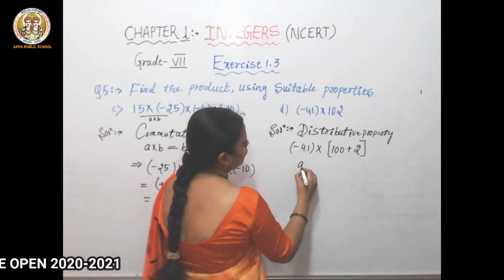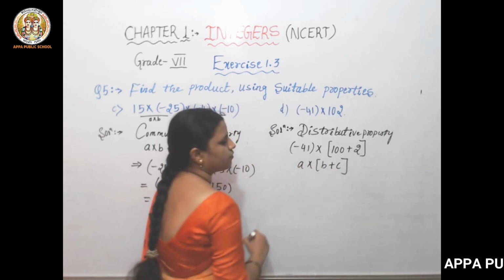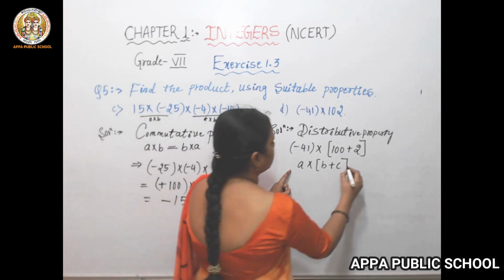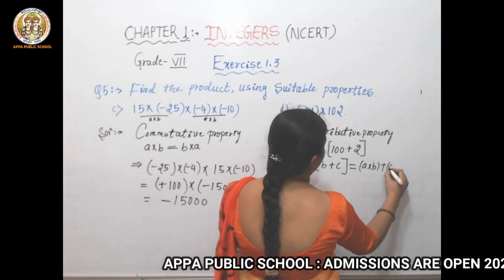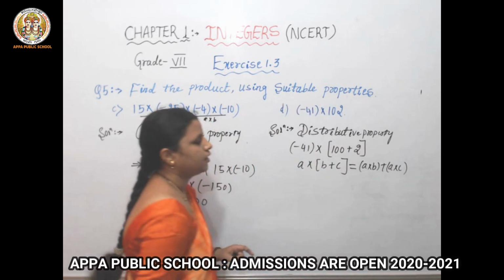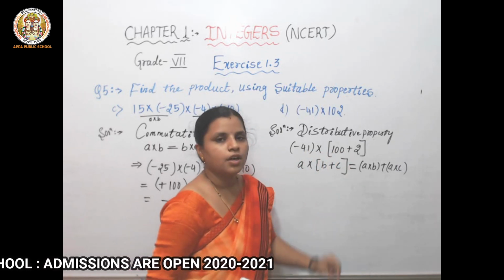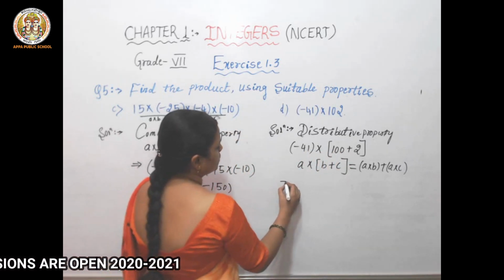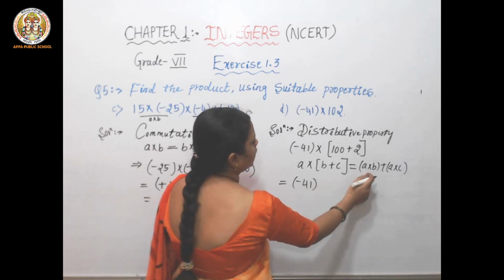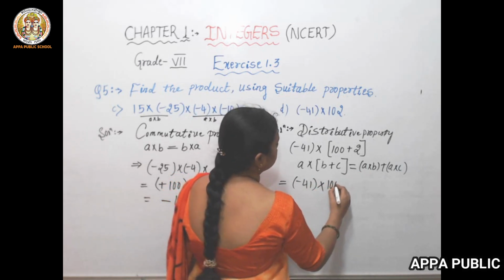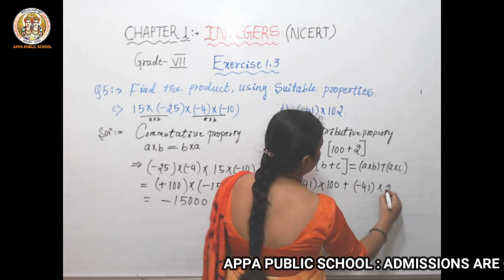Now it is in the form of A into B plus C. Now what will we write this as? A into B plus A into C. Like this you have to write this minus 41 into 100 plus 2. Now you see what will happen to this? Minus 41 into 100 plus minus 41 into 2.